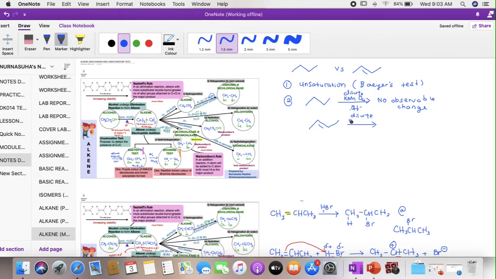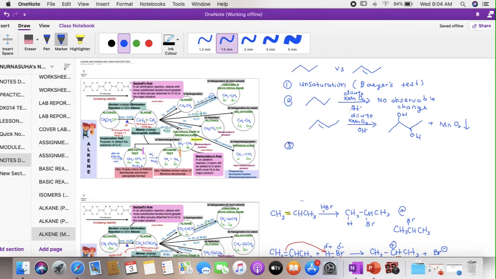Dilute KMnO4, OH minus. So apa yang akan berlaku? Double bond putus jadi single bond, tambah OH dekat double bond, plus side product MnO2. Buat anak panah ke bawah. 2 equation means 2 marks nanti.